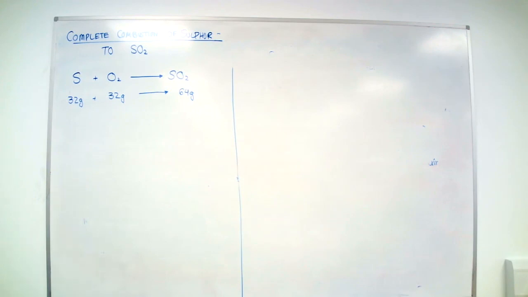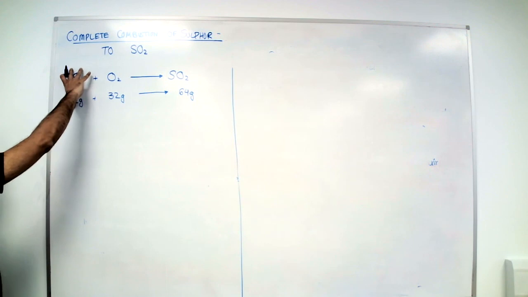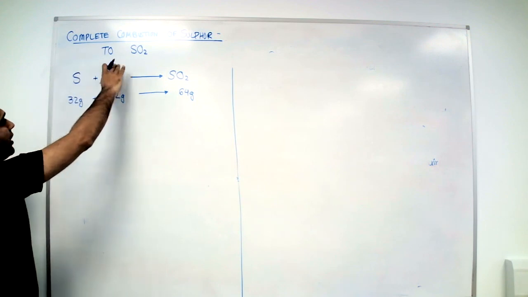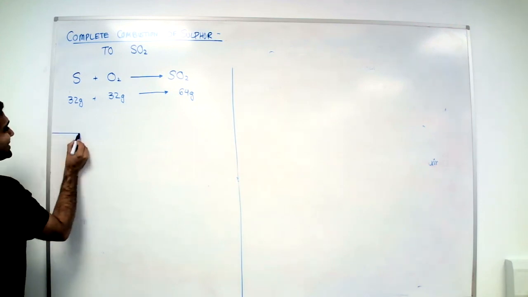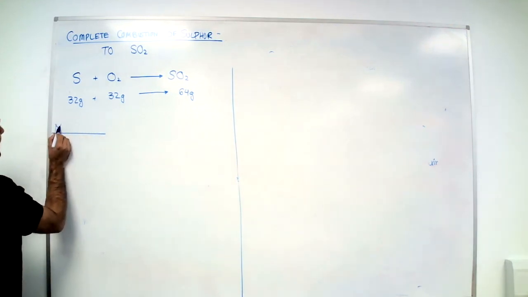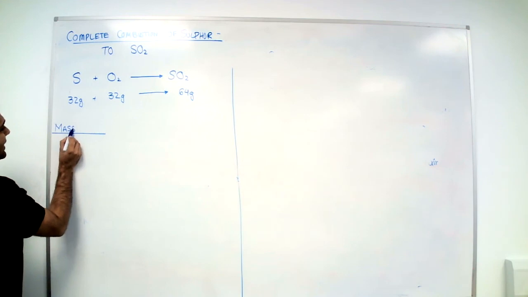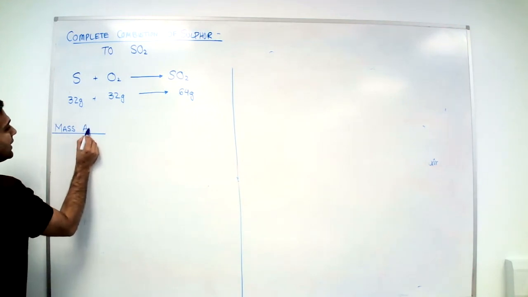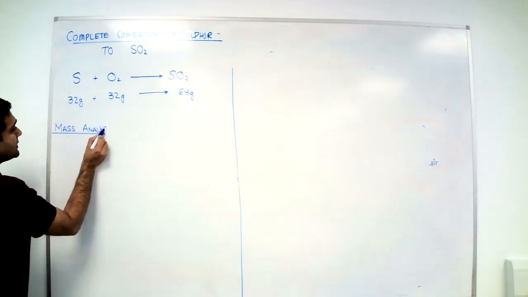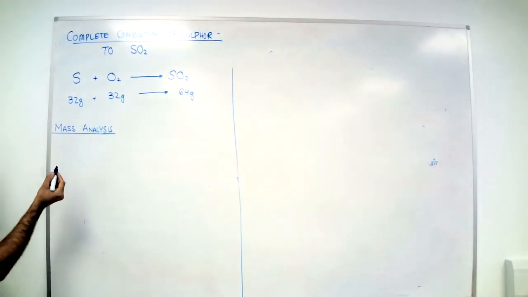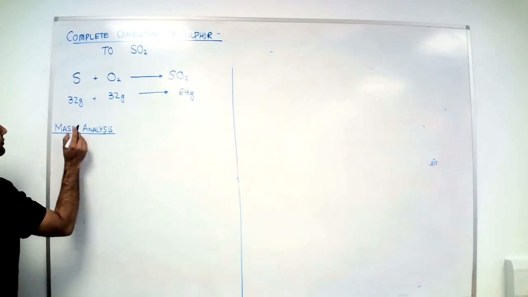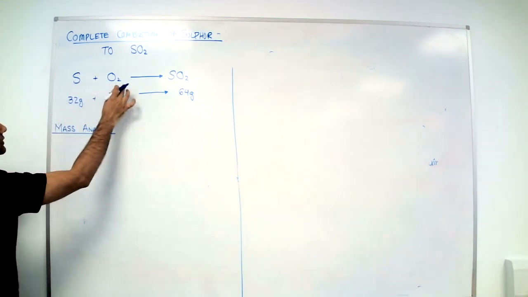Now, obviously, the sulfur is the one that we're using for combustion. Oxygen is from the air. We use exactly the same method if we are doing the analysis by mass. So for mass analysis, I'm just focusing on sulfur and oxygen.